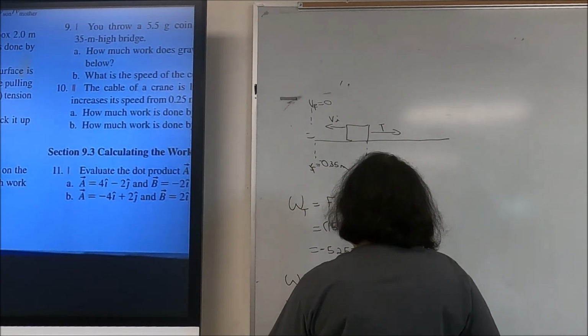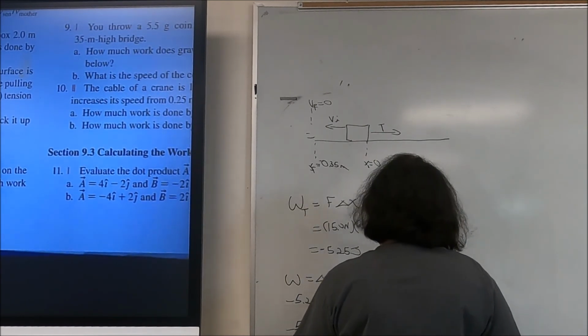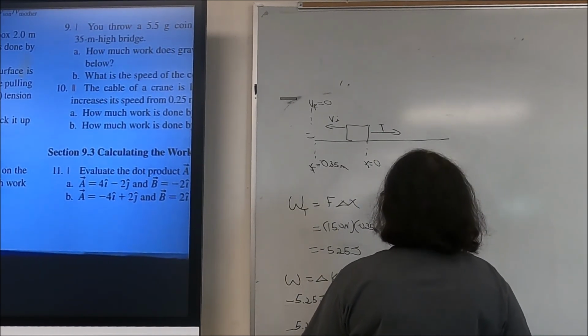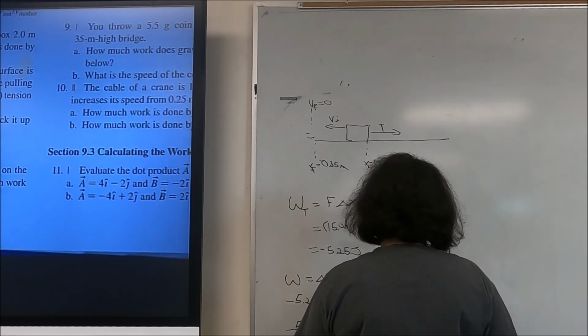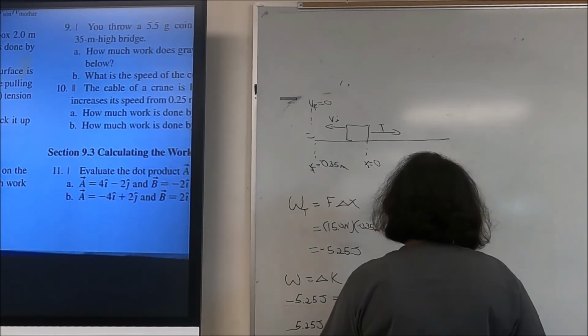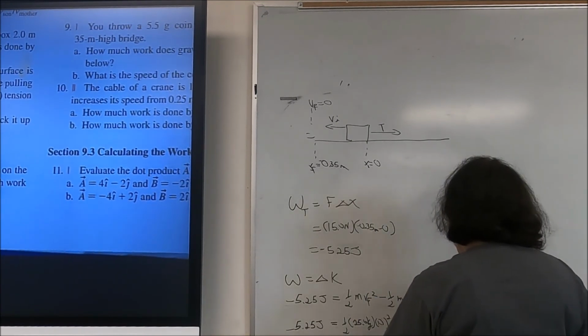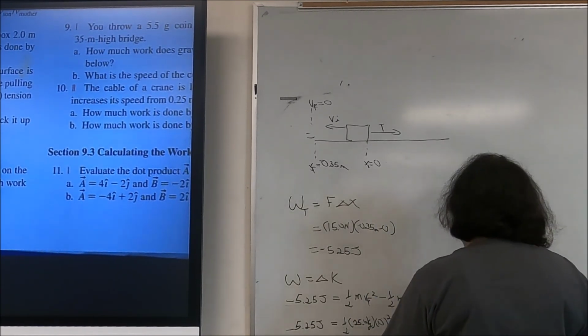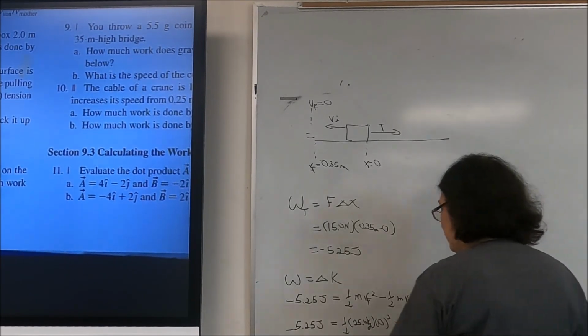So I might have minus 5.25 joules equals 1/2 times the mass, which was given to us as 25 kilograms, times 0 squared, minus 1/2 times 25 kilograms times v initial squared.